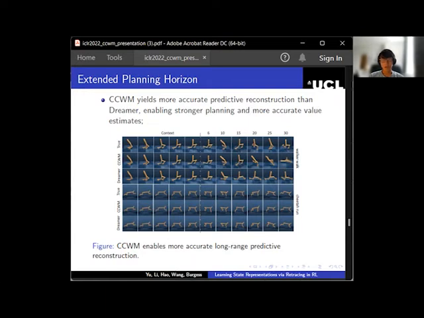And indeed we confirm that CCWM is more accurate and spans a longer range of predictive reconstruction than Dreamer. This might lead to a stronger ability for planning and also more accurate value estimates and policy gradients, possibly.